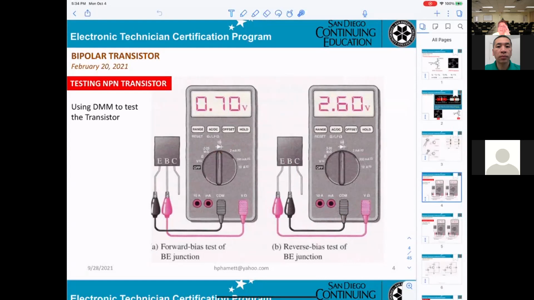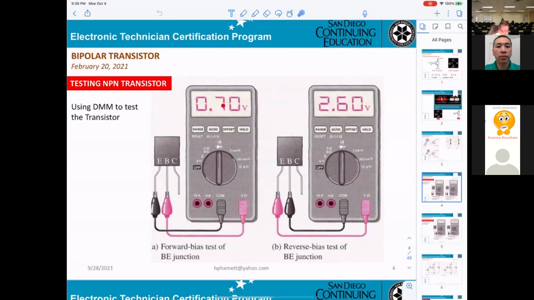You can try that when you're doing the lab. However, normally the way they want to do it is testing for diode forward bias. So on this one, I want you to measure the resistance in ohms. Connect the positive to the emitter and the ground to the base.